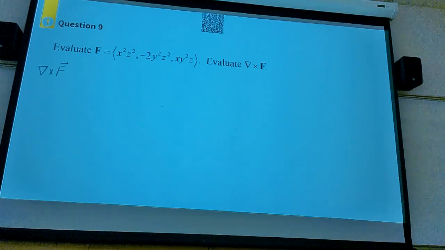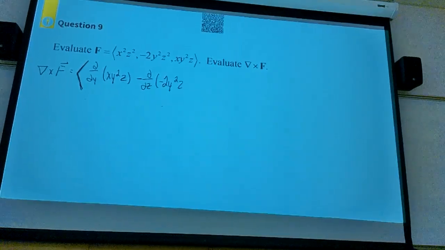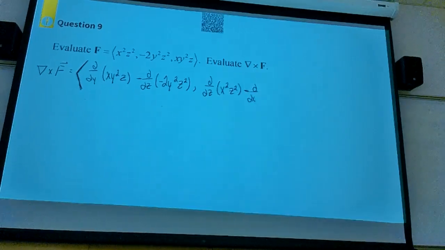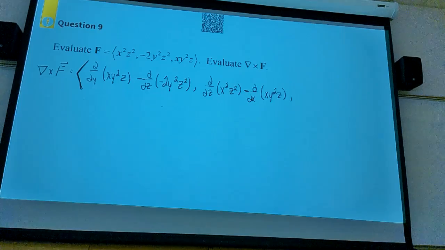That's better. So again, if you think of the del operator as a vector, it behaves just like the cross product.